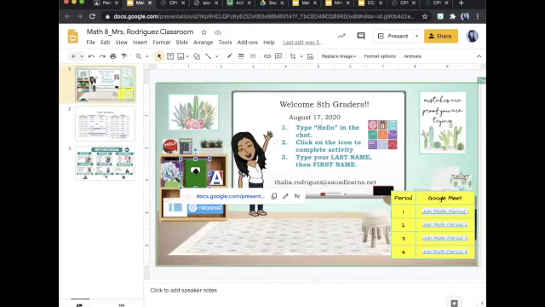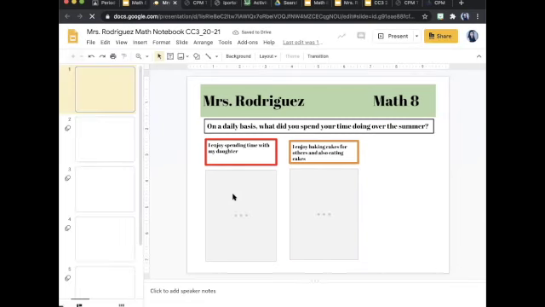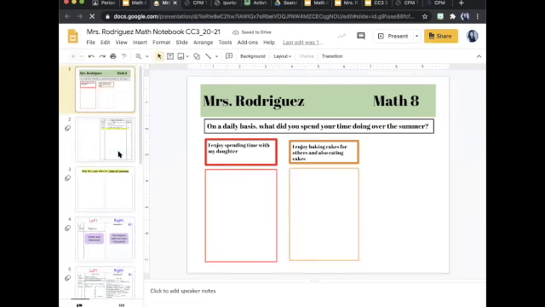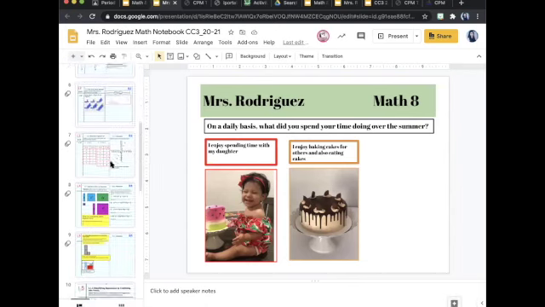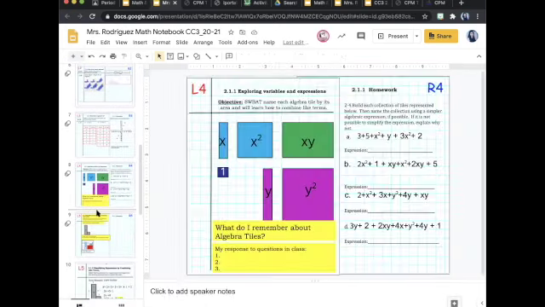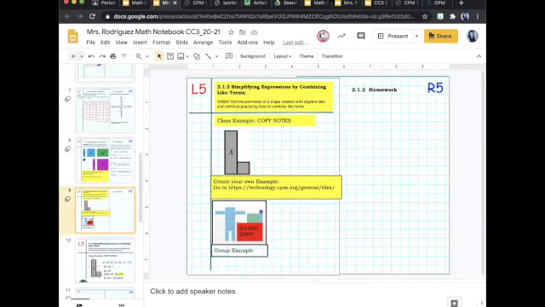And if you click on my notebook, you'll open it. And you will go down to page L5. So this is what you just completed right now.